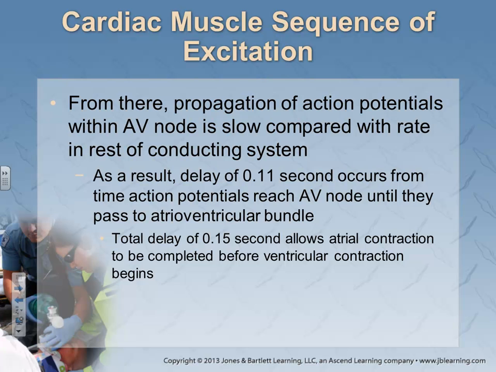As a result, a delay of 0.11 seconds occurs from the time the action potential reaches the AV node until it passes to the atrioventricular bundle. Why does it have that delay? To allow for ventricular filling. A total delay of 0.15 seconds allows atrial contraction to be completed before ventricular contraction begins. And so what's happening in those last fractions of a second with the atrial contraction?